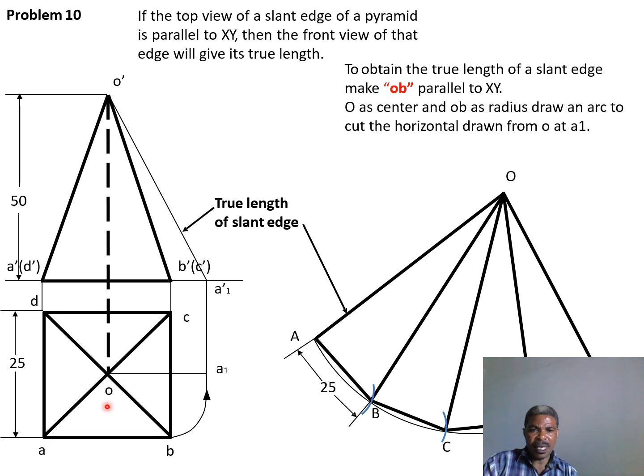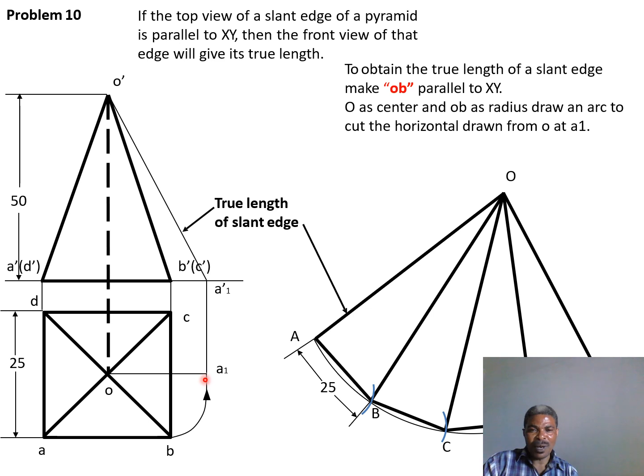So this line being parallel, the line OA1 being parallel to line AB, as you can see here, followed by drawing an arc with a radius OB. Drawing this radius leads you to obtain a point at A1.